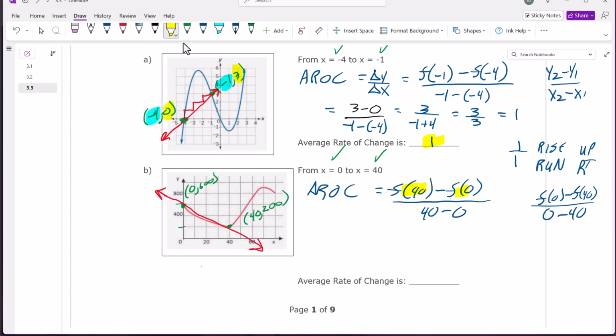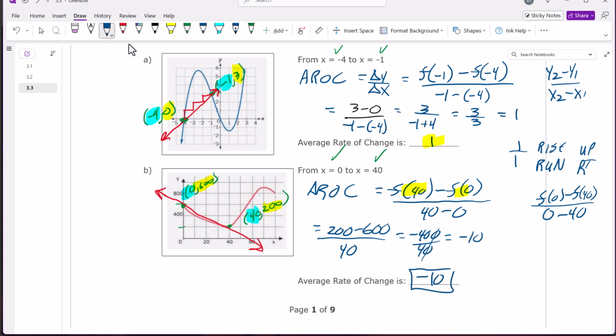If I take the function values and subtract those, I get 200 minus 600. And then 40 minus 0 gives the change in x, which is 40. So that's -400 over 40. You divide that out and you get -10. So the average rate of change on this is -10.